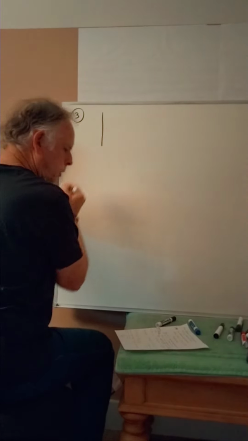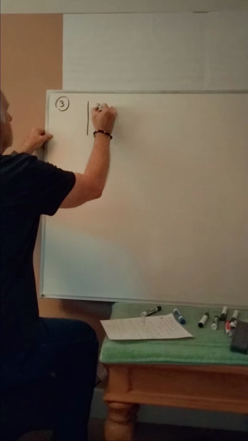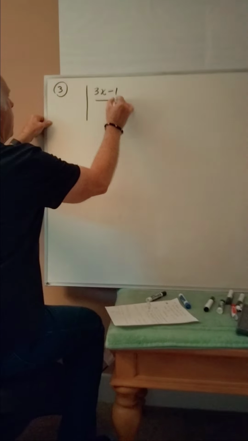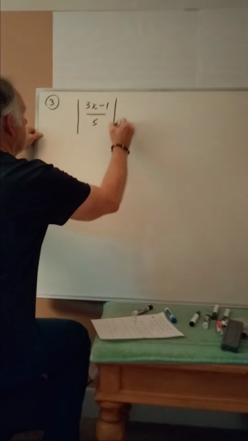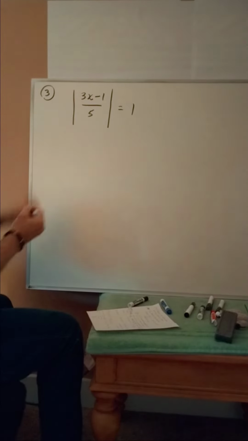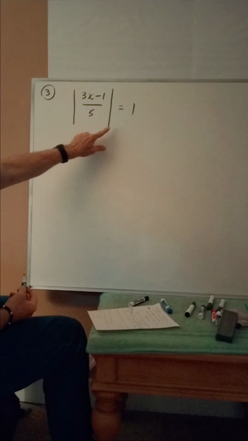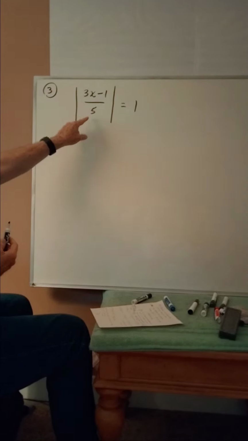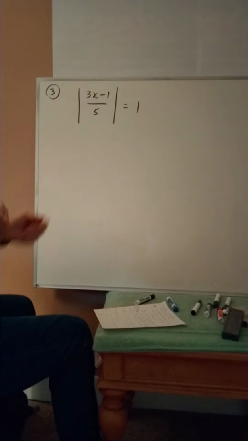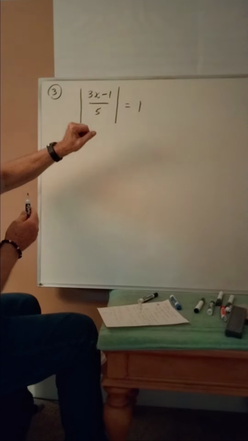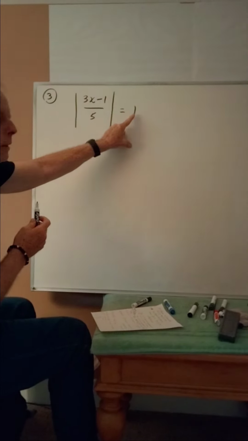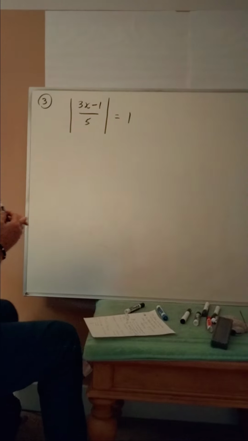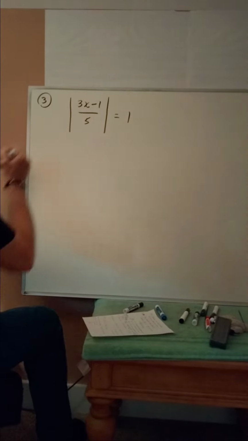The absolute value of 3x minus 1 over 5 is equal to 1. The absolute value expression is isolated. There's your u, there's your c, and he's positive. So he will lead to 2 equations.